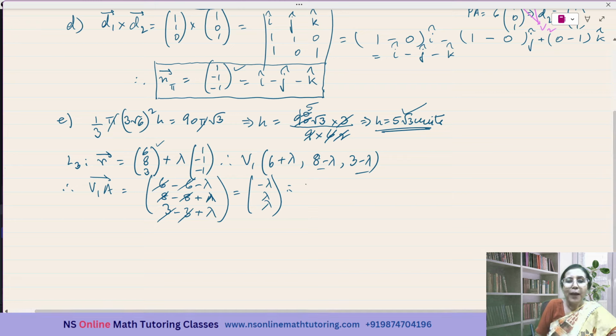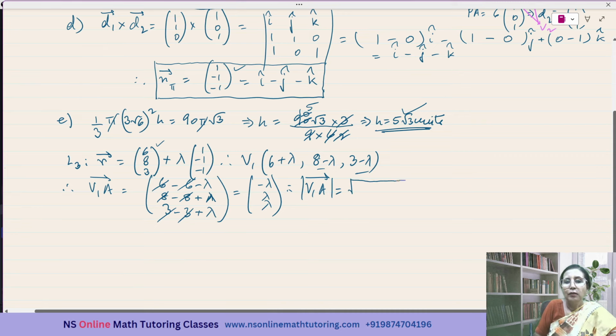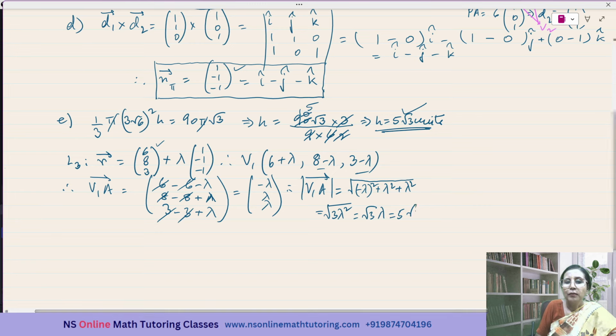So the magnitude of V1A is equal to the square root of negative lambda squared plus lambda squared plus lambda squared, which is equal to root of 3 lambda squared, equal to root 3 lambda, which is equal to 5 root 3. Therefore, lambda equal to 5. Okay.